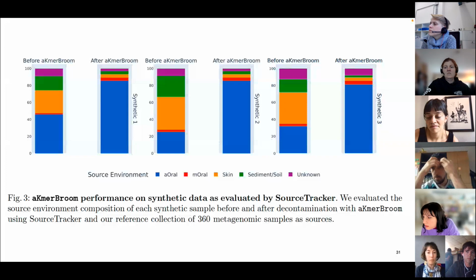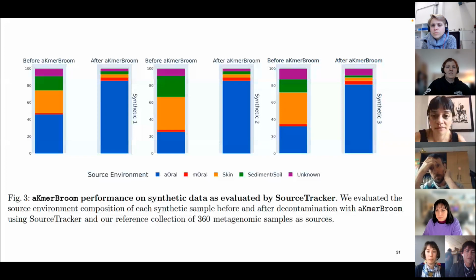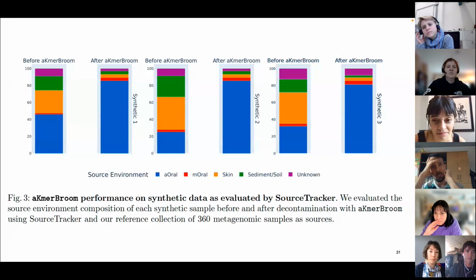I think Sterling. Yeah, I had a question. This kind of builds off Irina's question. Do y'all have any extraction blanks when you're processing these samples? Because I don't see it included in one of your source environments, and whether that's an additional source of contamination.